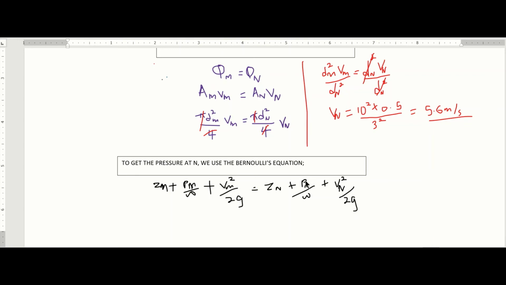So we have to transpose. When we transpose, we move this Zn to my left.